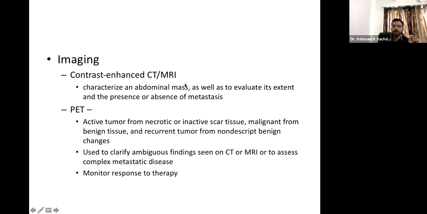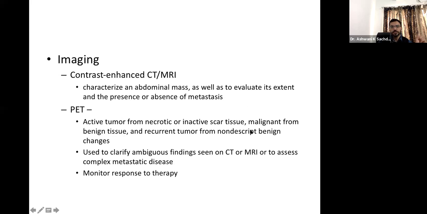So imaging include CT or MRI to characterize the abdominal mass, to evaluate its extent, and also the presence or absence of metastasis. PET scan is a very important imaging investigation. In GIST, it differentiates active tumor from necrotic or inactive scar.